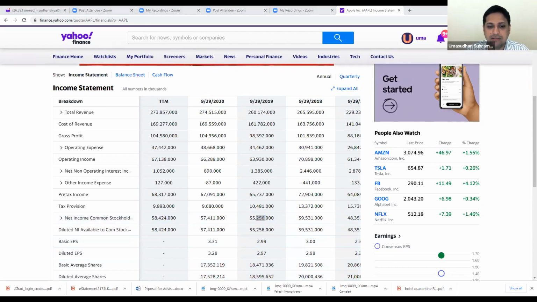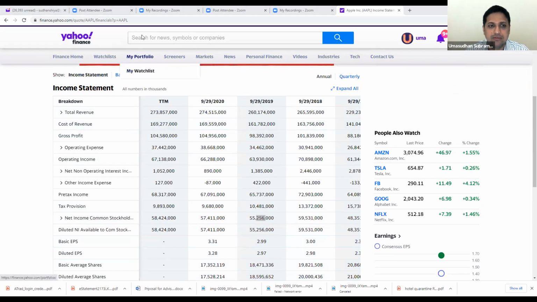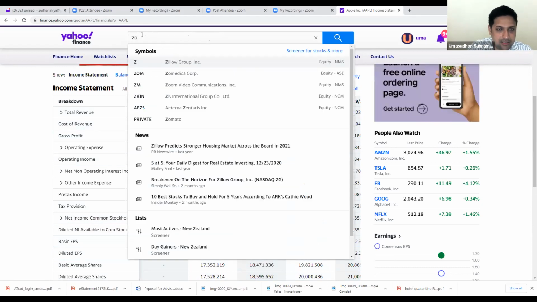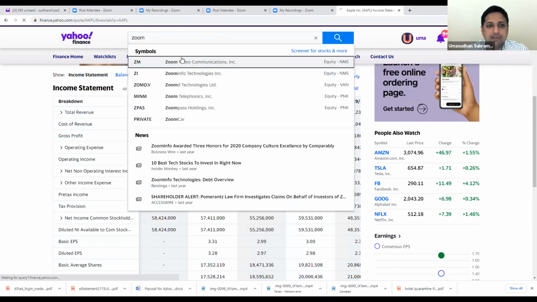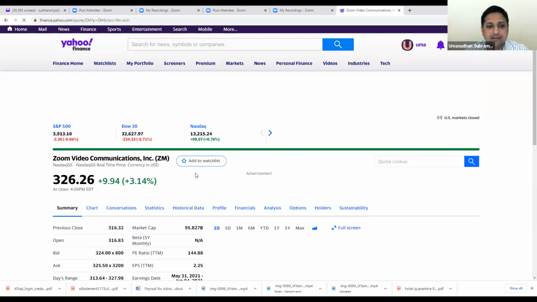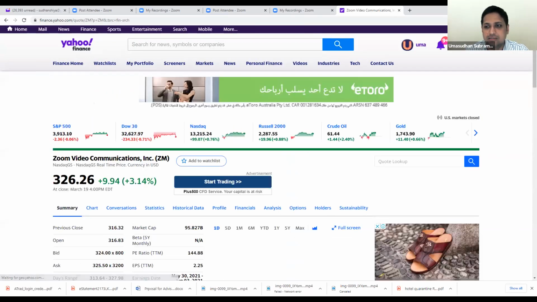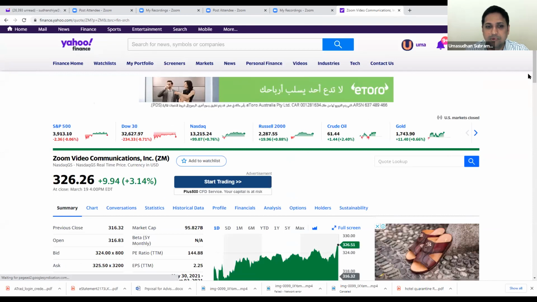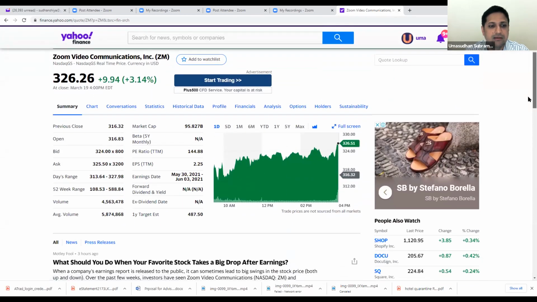Okay, going back, let's look at Zoom, for example. That must be even funnier. Look at the trading range of this stock. Over the last one year it has been trading between 108 and 588.